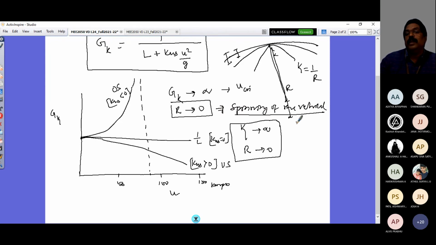So that is referring to an unstable state, where no control of steering is possible. So the oversteered vehicle gives the most sensitive behavior, but still, from a safety point of view, we have to take care of that. So that's the physical interpretation of the curvature gain of a different vehicle.